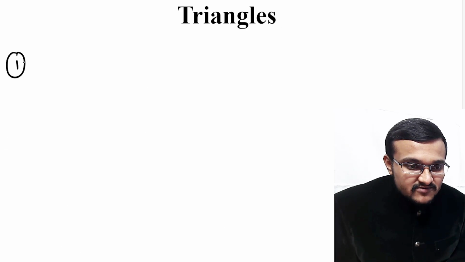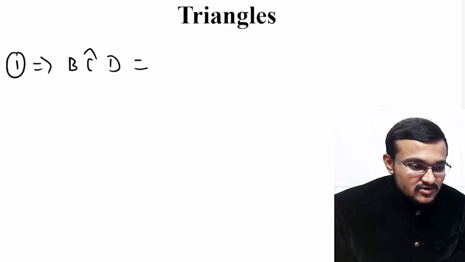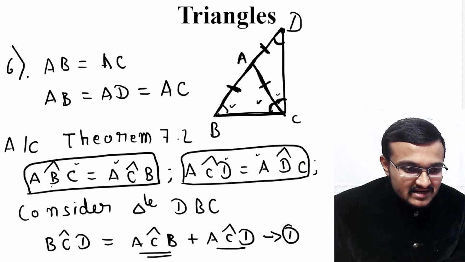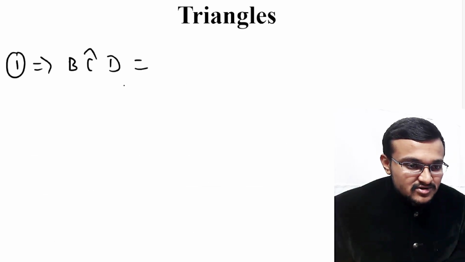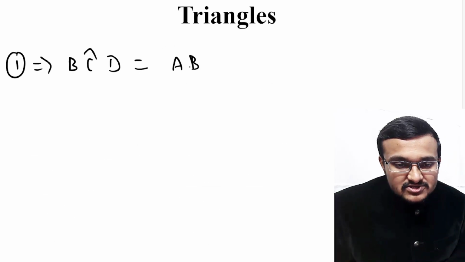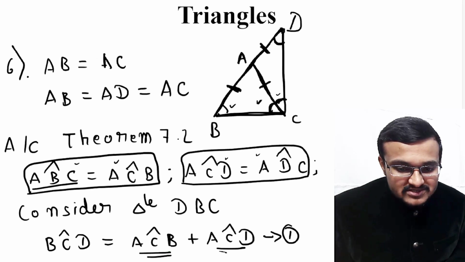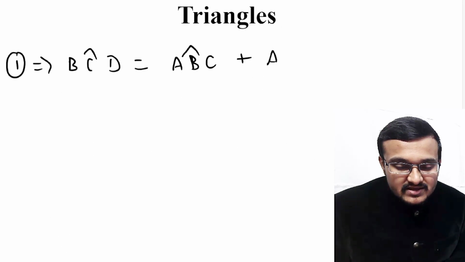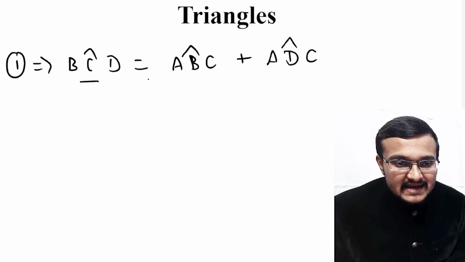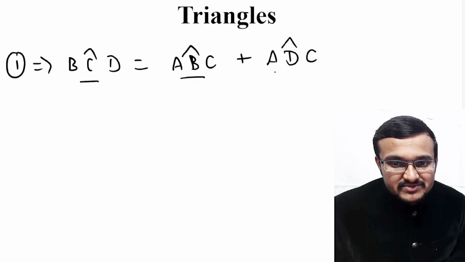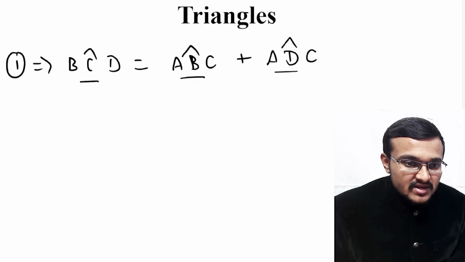So now equation 1 will be BCD is equal to, in the place of ACB I'll write ABC because ABC is equal to ACB, plus, in the place of ACD I can write ADC. So now we got the angle BCD is equal to ABC plus ADC.